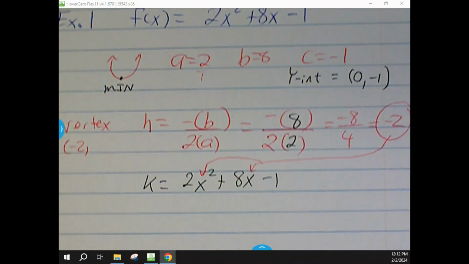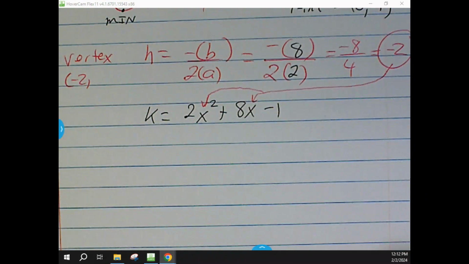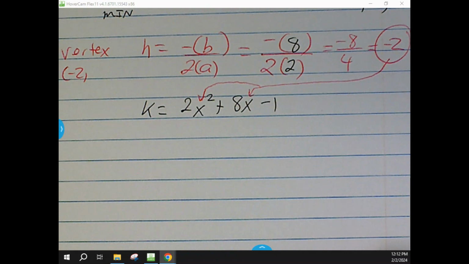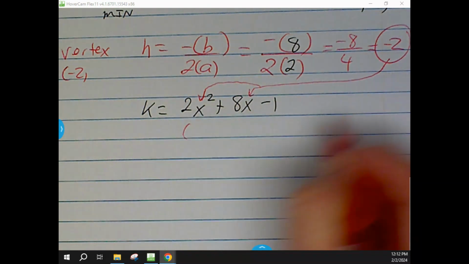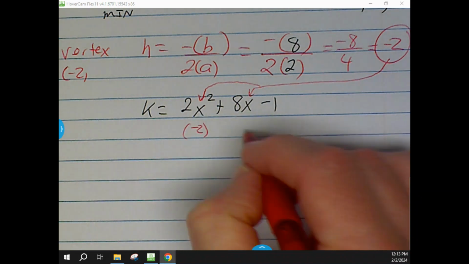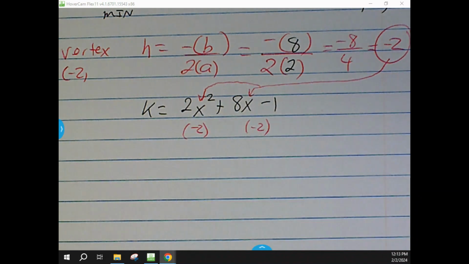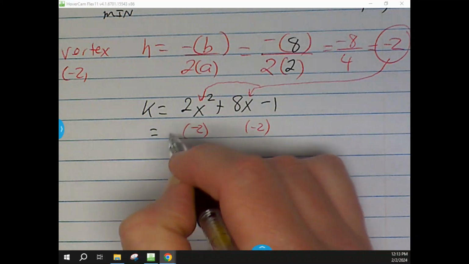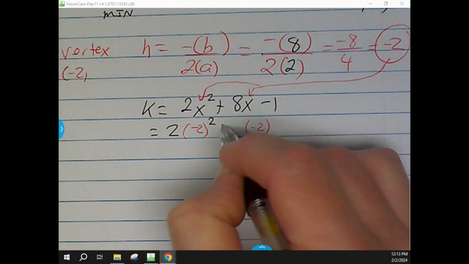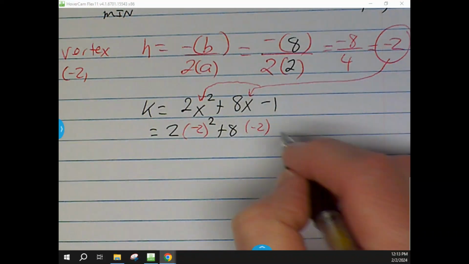All right, and as long as everybody's got a calculator that you can use, this is how easy this thing gets to be. We're going to put that negative 2 in the parentheses, and then everything else has to go on the outside of it. So it's 2 times negative 2 squared plus 8 times negative 2 minus 1.